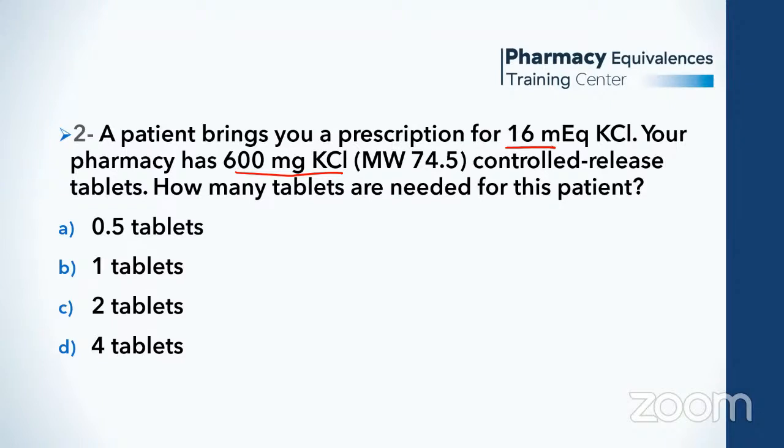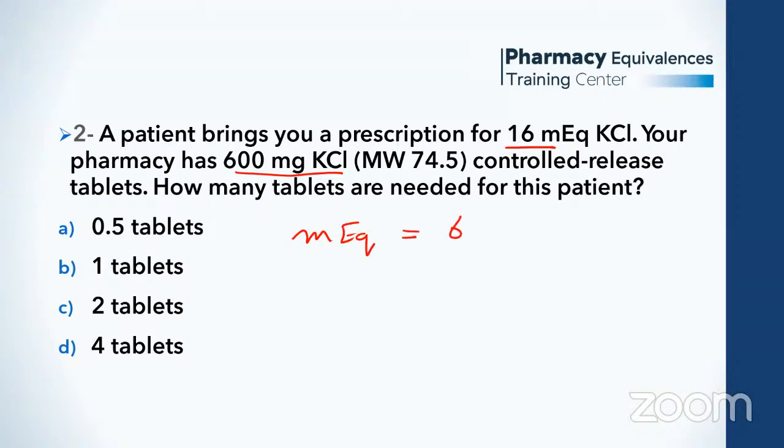So here we are looking to calculate how many tablets. To know that, we need to know the total amount of potassium chloride needed in milligrams. How can we know that? We have the milliequivalents: 16 milliequivalents of potassium chloride.